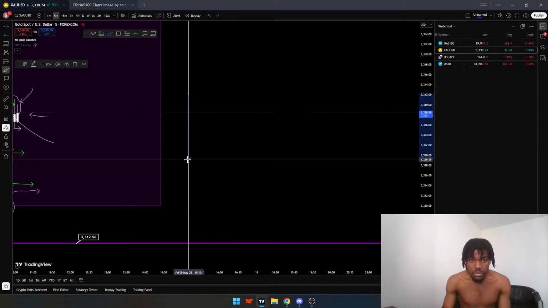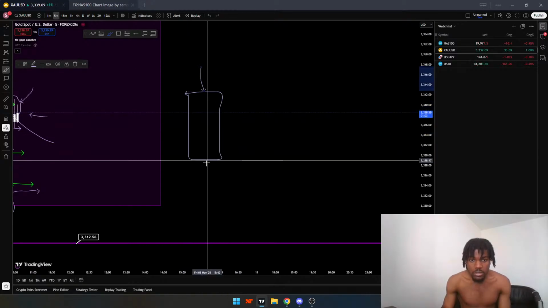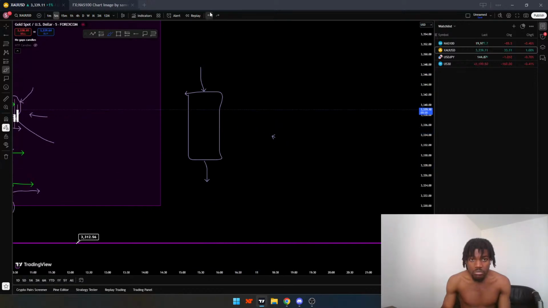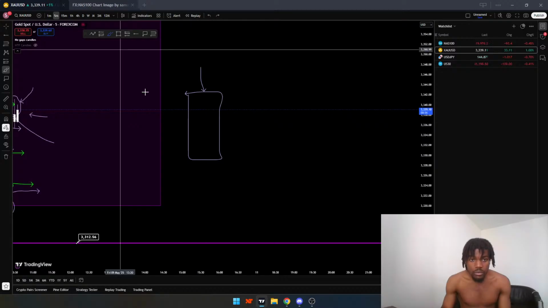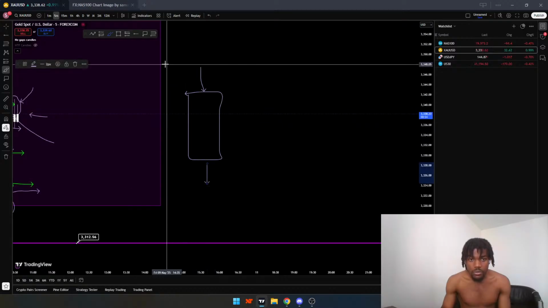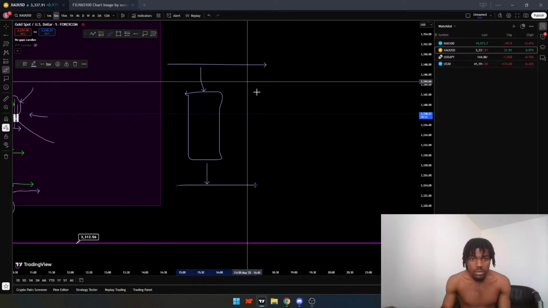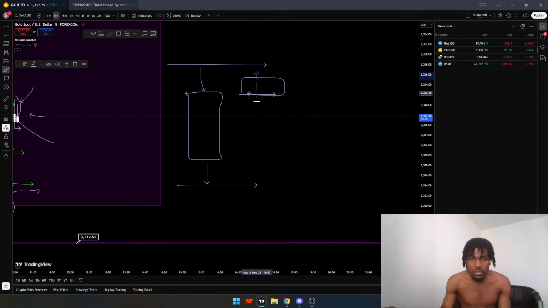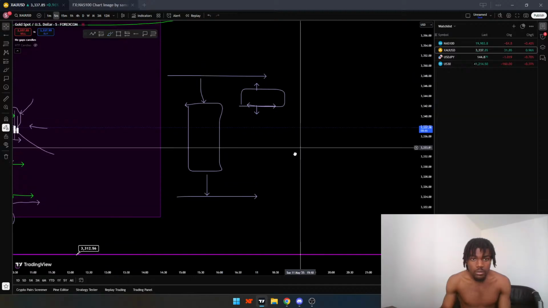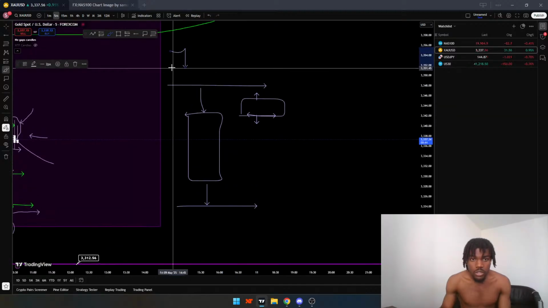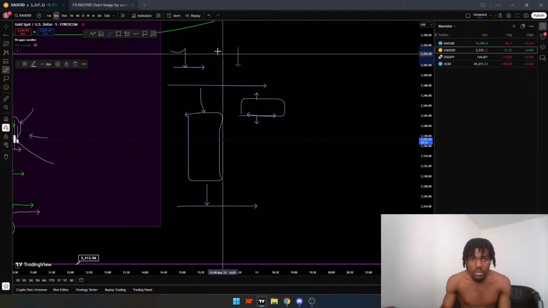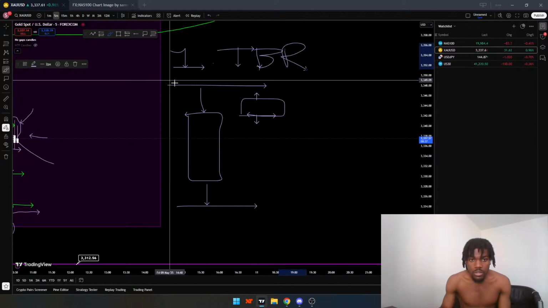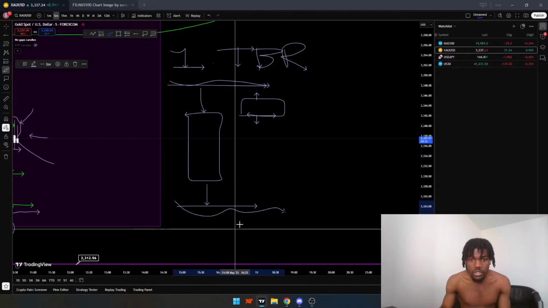So you usually see a candle like this, right? Inside this candle, first of all, let's say we opened up here. Number one is the top and bottom of a range.